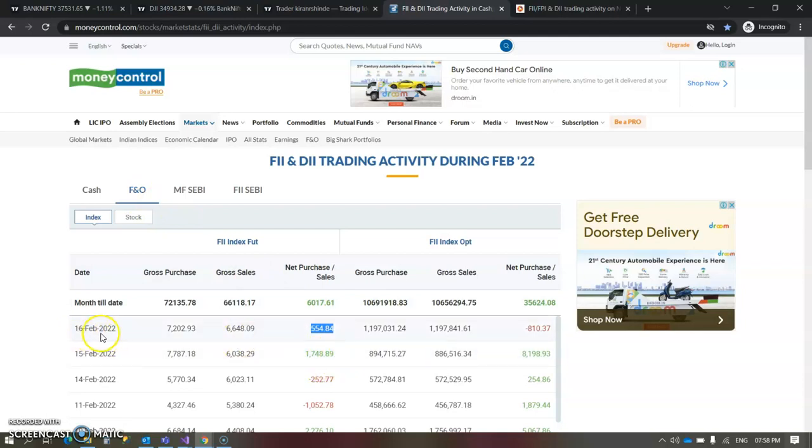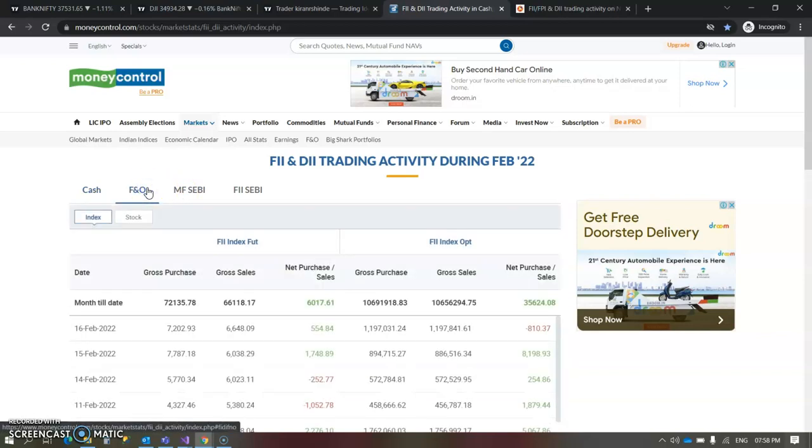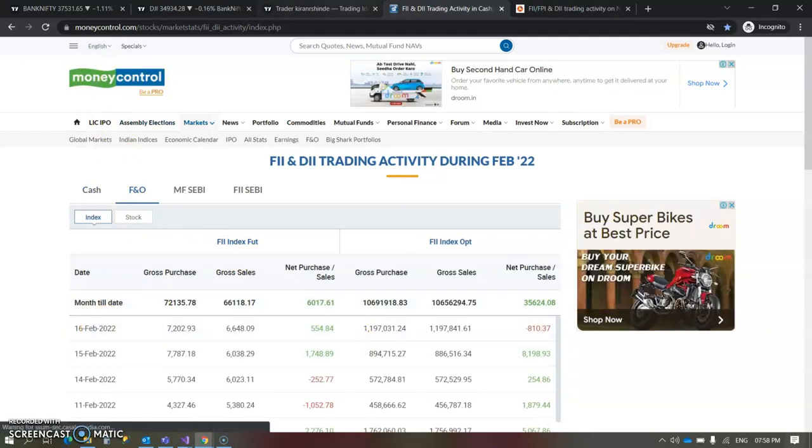Today's data has not been updated for the FNO sector, but for cash it is updated. On the cash side we can see they have sold. If you want to analyze, you may see this after some time on Moneycontrol.